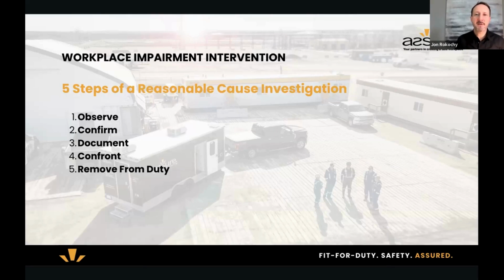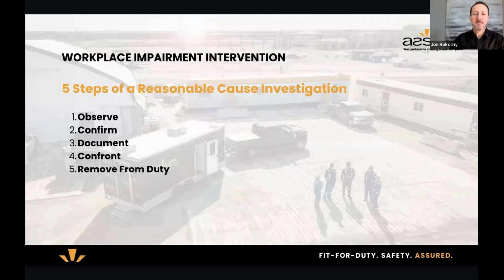The first part of that investigation is we are requesting that you complete a drug and alcohol reasonable cause test. Do you agree to take the test? So you're going to ask them, because they, of course, have a right to refuse. Human rights says they can refuse. But if they refuse the test, now they're in violation of the company drug and alcohol policy.